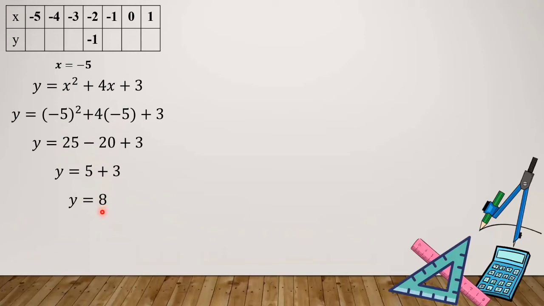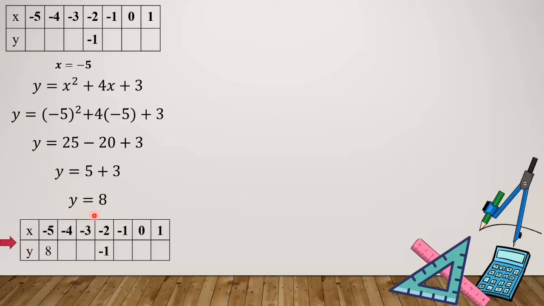So if the value of x is equal to negative 5, then the value of our y is equal to positive 8. So since positive 8 ang nakuha natin dito, yun ang ilalagay natin na value ng ating y.